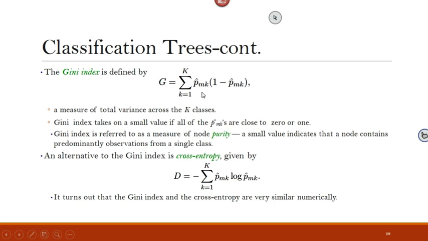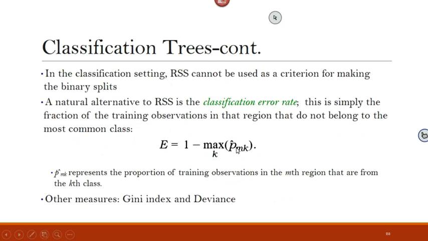Again, p hat mk is the definition: the proportion of the observations in the mth region, so m is a region, that are from the kth class.